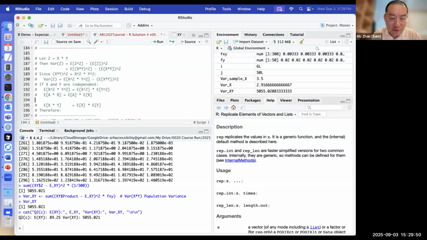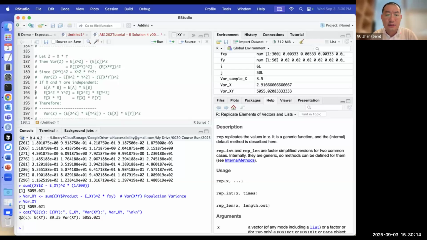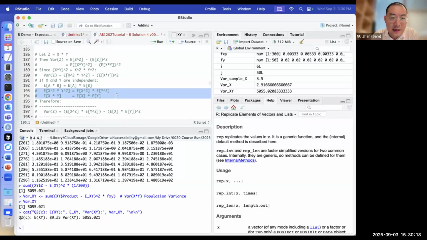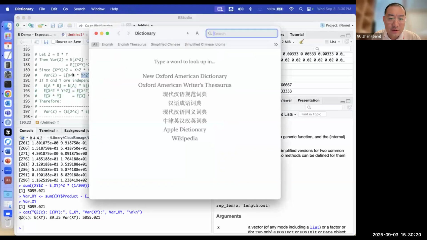So if X and Y are independent, the expected value of A times B is the expected A times the expected B. Then A is X squared and B is Y squared. You put it inside, and you will have this formula. So these two equations are correct. Then you continue to work from here.